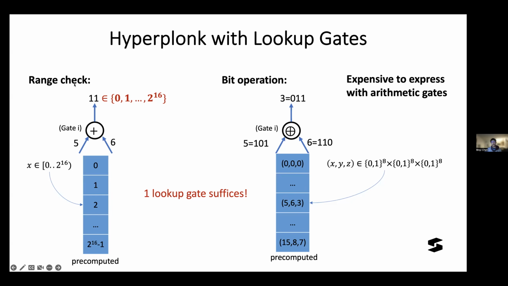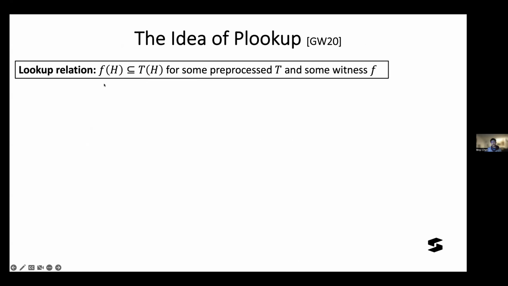This takes L gates, where L is the number of bits in this range. But suppose we have a pre-computed table that stores these valid values, and we can efficiently prove that a certain tuple or value is in the table. Then things become much more efficient, because one lookup gate suffices to implement both range checks and bit operations. So I think you are convinced that lookup is useful, and let's see how we can solve this problem in the multilinear setting.